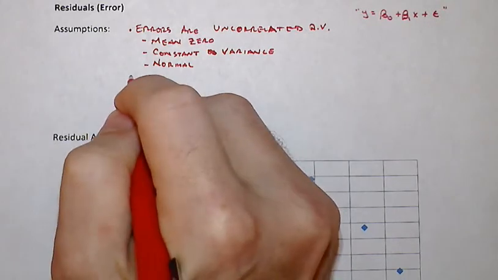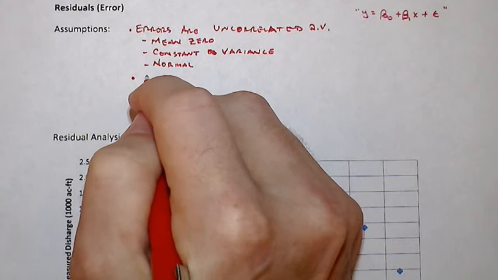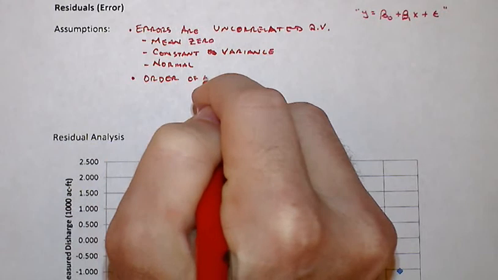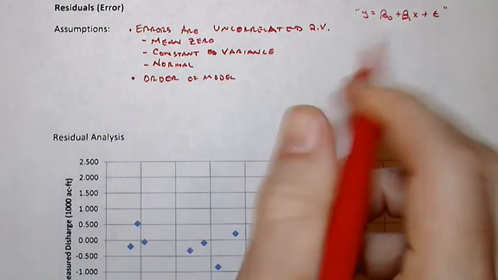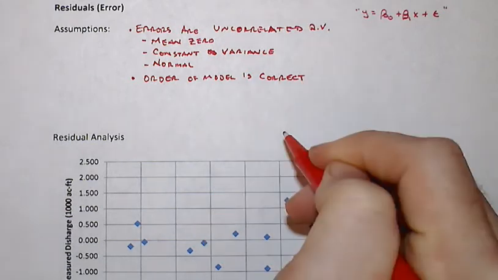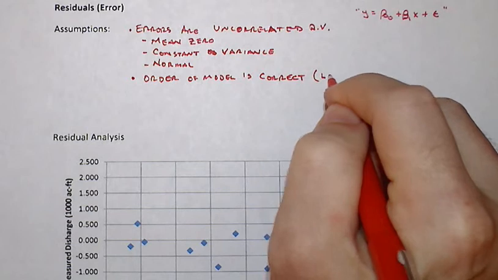Now, another important assumption is that we have somehow selected the order of the model correctly, as a critical aspect. And by order, I'm thinking in terms of polynomials, right?